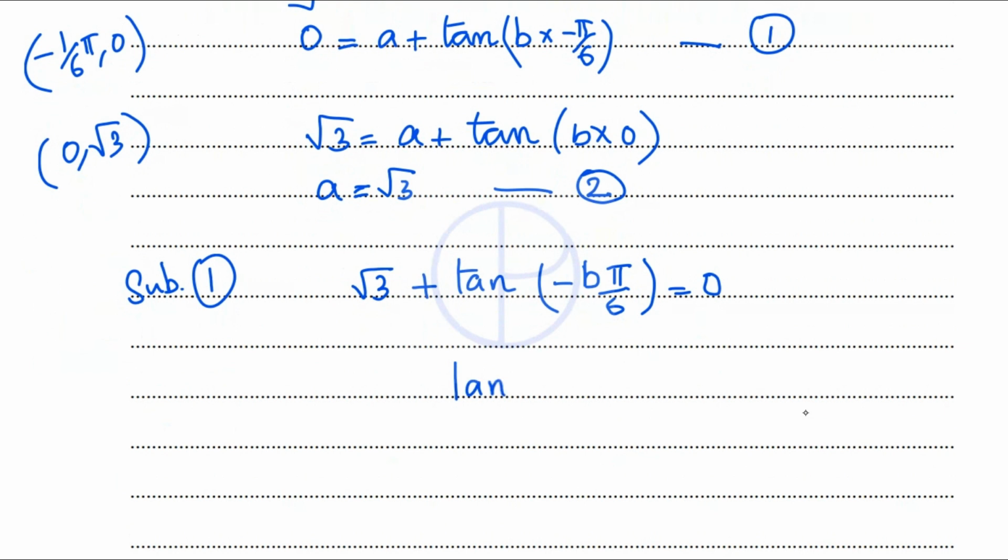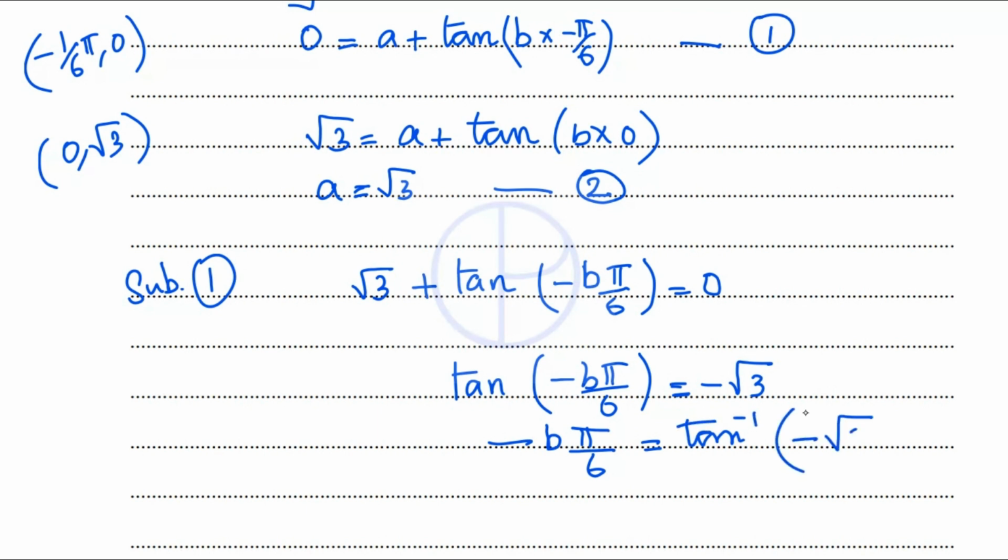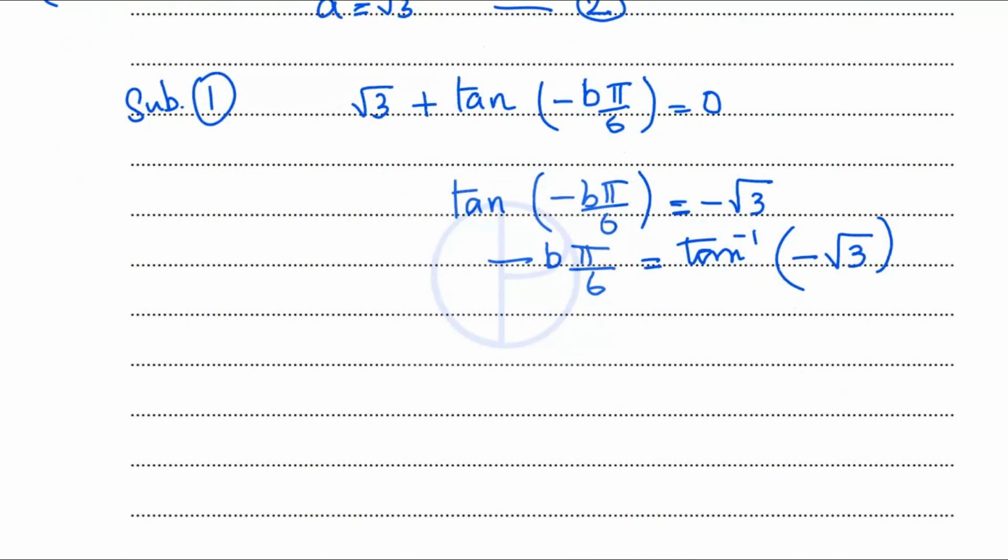So tan of minus b pi over 6 equal to negative square root of 3, or negative b multiplied by pi over 6 equal to tan inverse of minus square root of 3. This is equal to minus pi over 3, and this is minus b pi over 6.